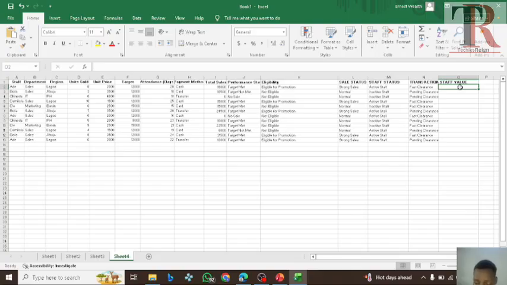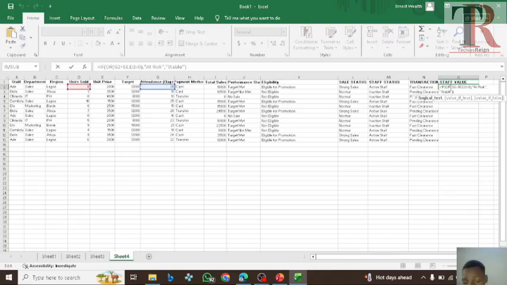To do that, we'll use the basic if and or function. The or function states that if any of these 2 conditions are met, then we'll display at risk, else display stable. Here it is saying if the staff has showed up for less than 18 days or the units they've sold is equals to 0, we'll display at risk, else we'll display stable.